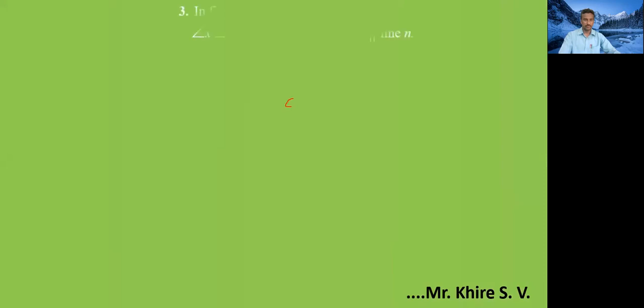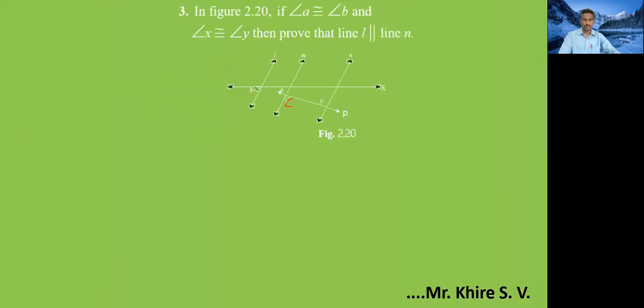Next question is question number 3. In figure 2.20, if angle A is congruent to angle B and angle X is congruent to angle Y, then prove that line L is parallel to line N. Figure is given.